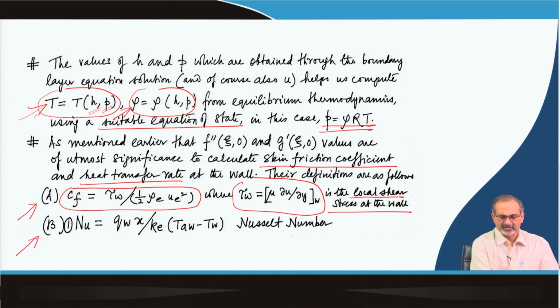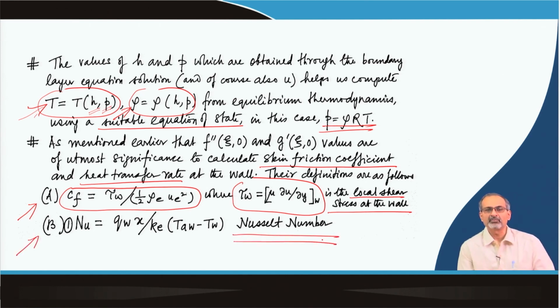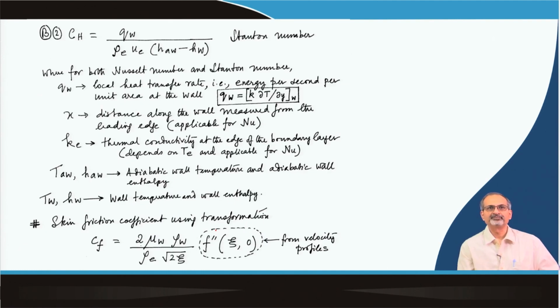When it comes to the heat transfer rate, you can either define it in terms of the Nusselt number, which is given by QW times x divided by Ke times (TAW minus TW). We will explain the significance of these terms.